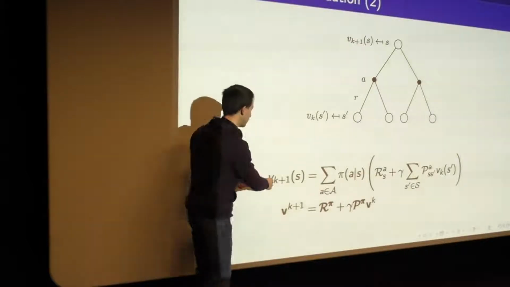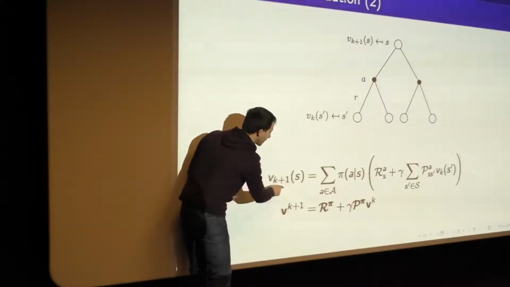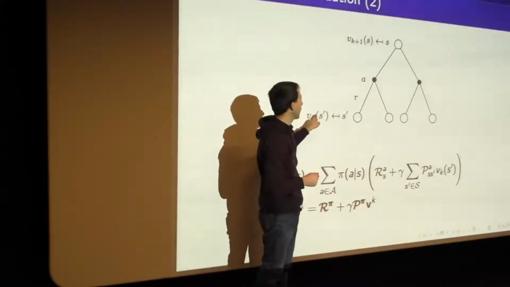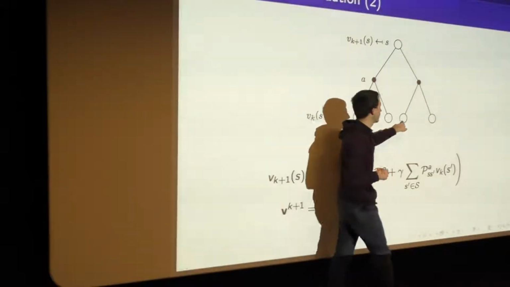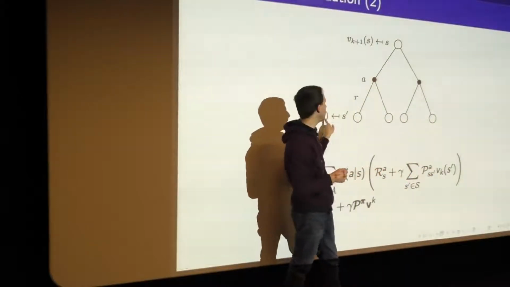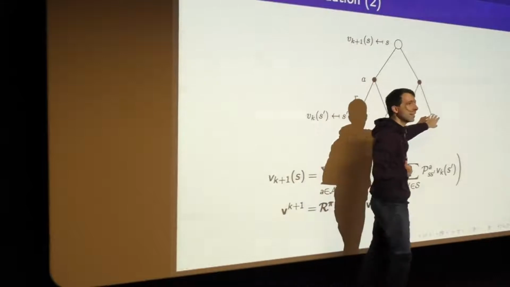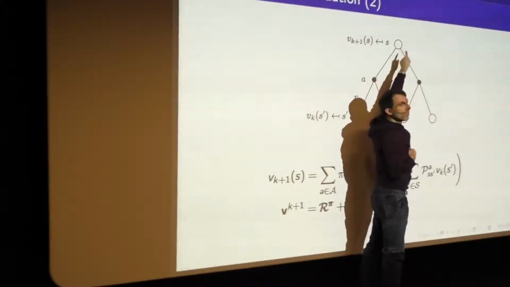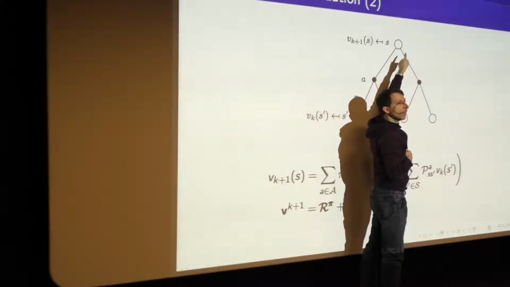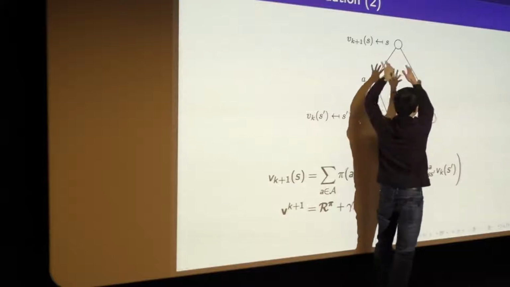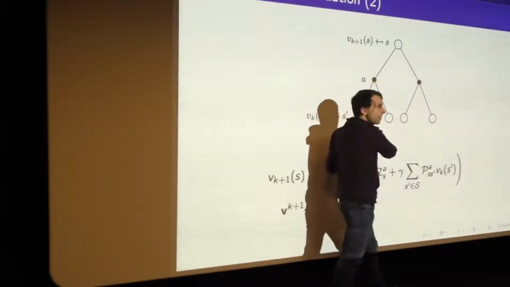In other words, we define the value function at the next iteration by plugging in the previous iteration's values at the leaves. So we take our value function from the last iteration, vk, plug in those values at the leaves, and back them up to compute one single new value for the next iteration of the root. We figure out vk plus 1 of s by doing a one-step look ahead, looking up our values from our last value function.